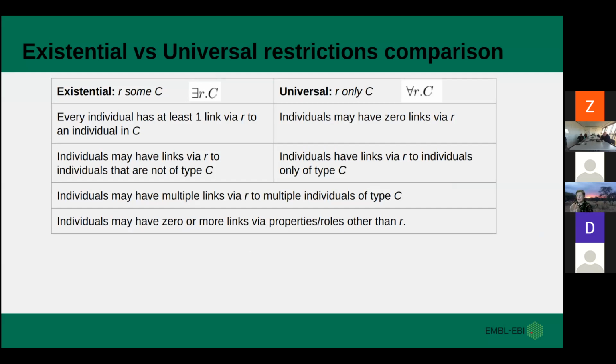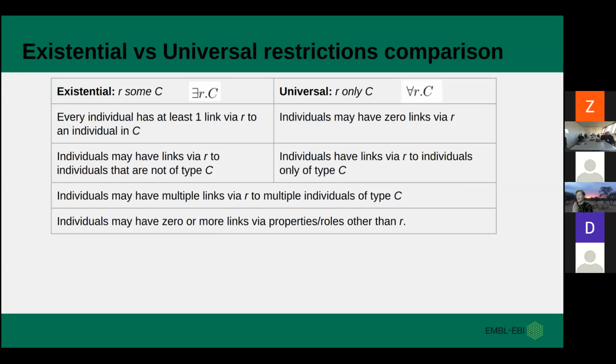If you look at the existential restriction, an individual that has an existential restriction to something else will always have at least one link via that relation to C. So if we have R some C, then an individual will have at least one R link to an individual in C. If you look at universal restriction, R only C, in that case, you may sit in a situation where that individual has 0 links via R to C. So that's the first difference.